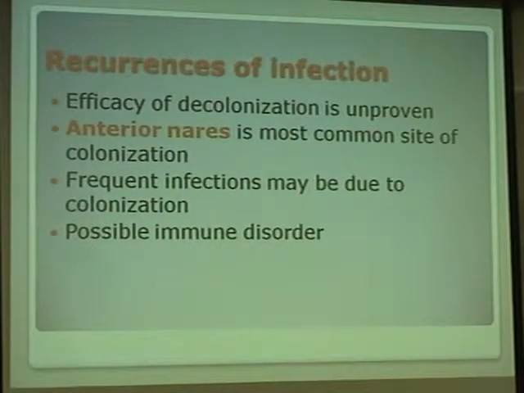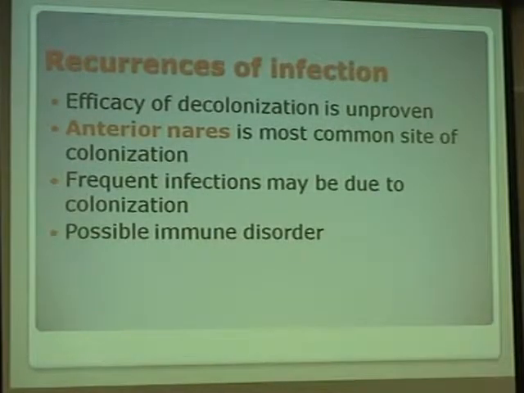So what do we do with those kids who have recurrent infections? And there are IDSA guidelines for MRSA, and they talk a little bit about decolonization, when to use it, where to use it. So if you have a patient where you're just really seeing this repeatedly, then that might be a patient where you want to look at trying to decolonize them.